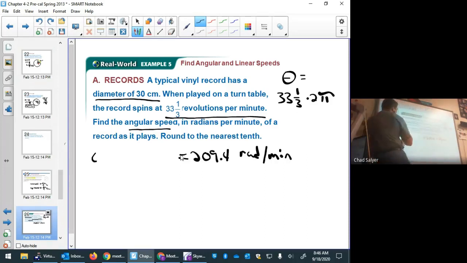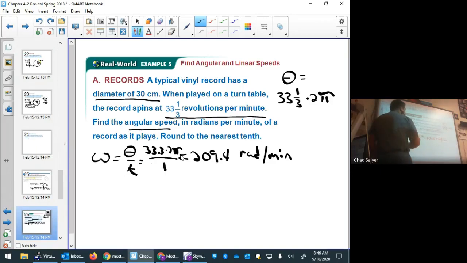And that's because omega is equal to theta over T, which in this case was 33.3 times 2 pi over 1 minute.